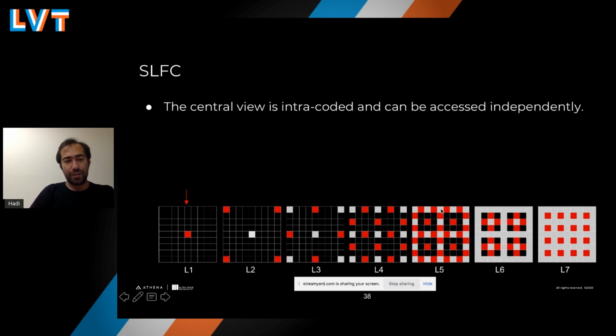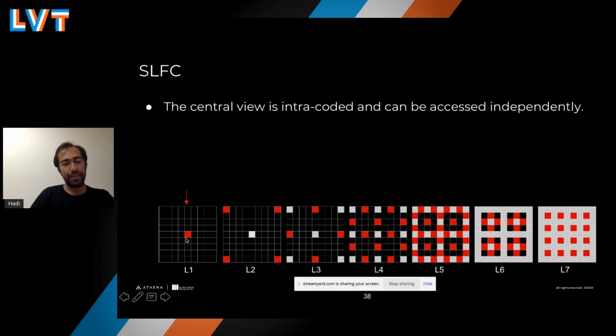Based on this division, for encoding the different layers, the most central view is intra-coded. As I mentioned, nowadays we mainly have 2-dimensional regular displays. So we intra-code the most central view, then it can be independently accessed. So we don't need to have access to the views in other layers.